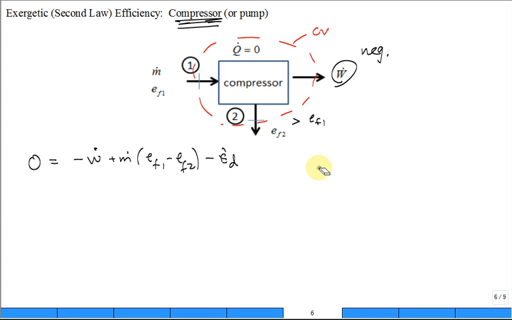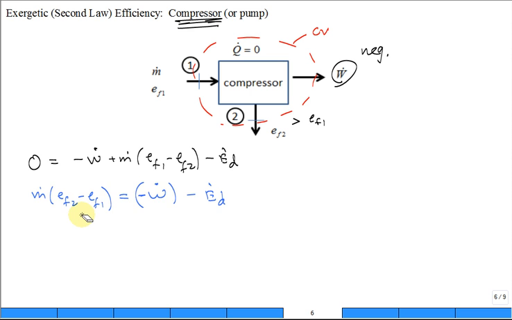Good. So what we want to do is rearrange this equation. m dot (EF2 minus EF1) equal to positive W dot, no, not positive W dot, negative W dot. And let me switch that to this side, minus E dot D. No, that's not what I wanted to write.